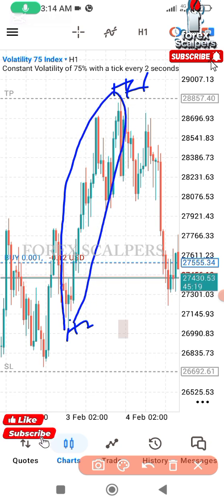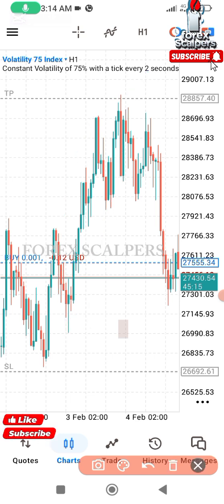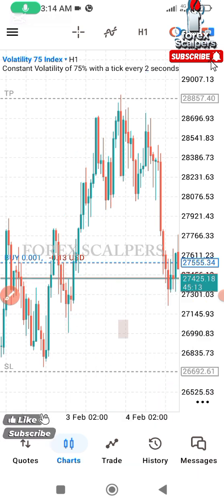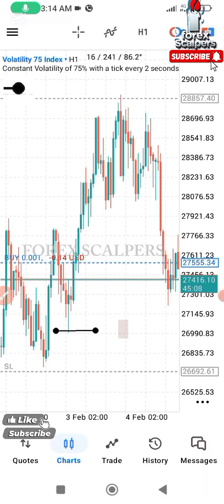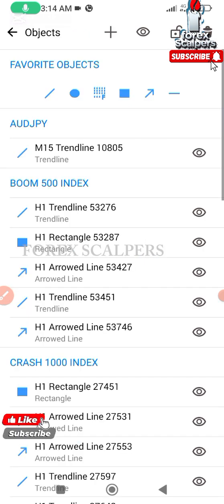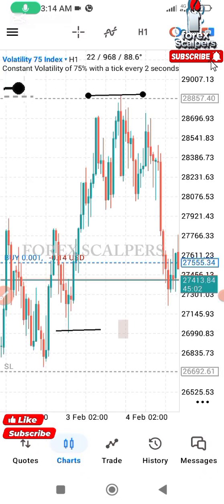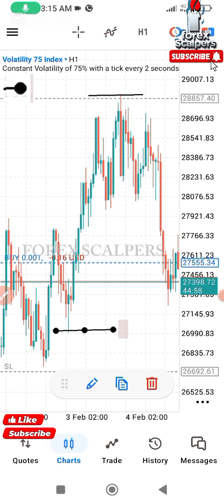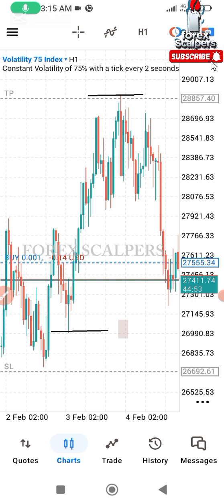So once you determine your trend, you need to determine the range. So this is our range. This movement here is what I am referring to as the range. So there's our new range as far as this price is concerned.